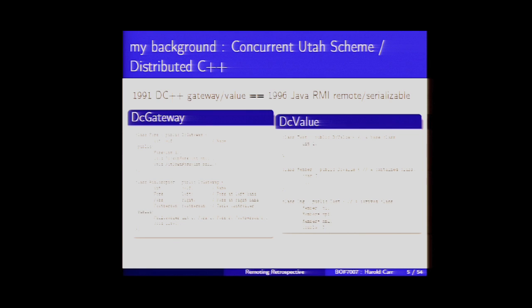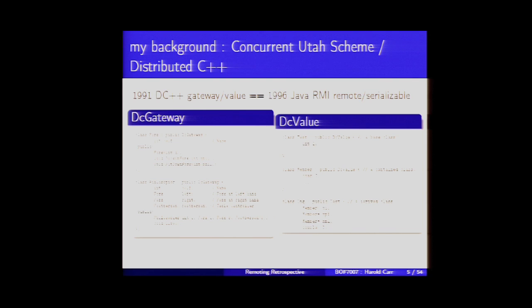Well, before we go there, I'll tell you a little bit about myself to maybe give you confidence that I have some knowledge here. I did, at the University of Utah as part of my graduate work, a thing called DC++. This was in the late 80s, early 90s.